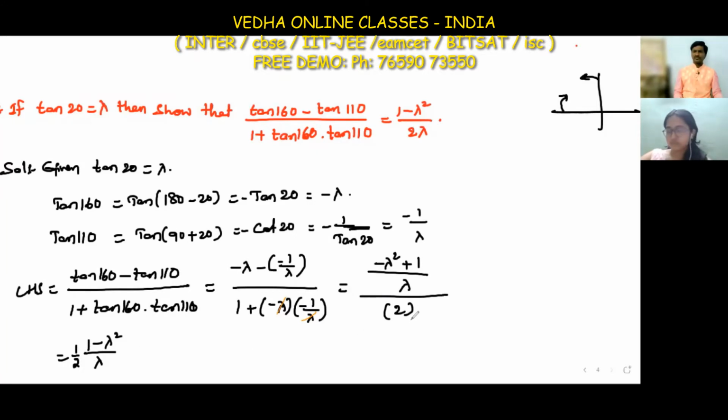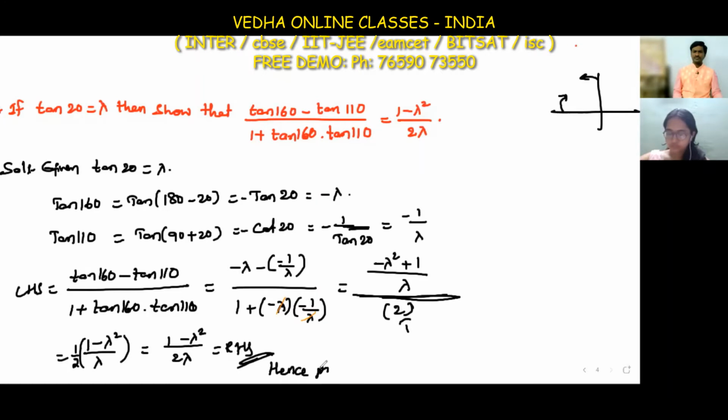So finally the answer is 1 minus lambda square divided by 2 lambda, which is equal to the RHS. Hence proved. We took the LHS and got the RHS, so this is the required solution.